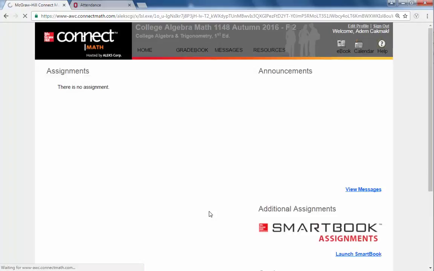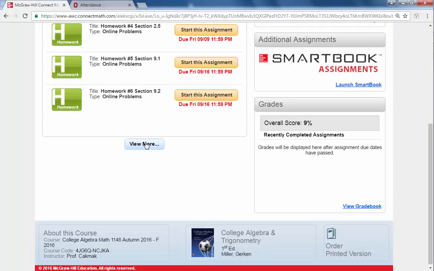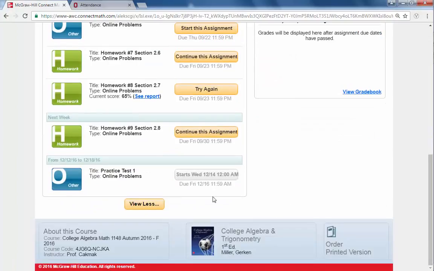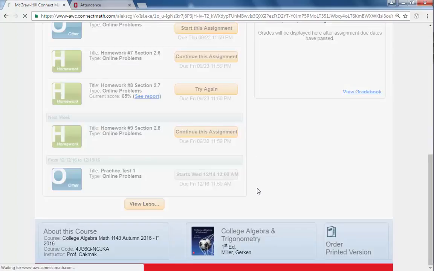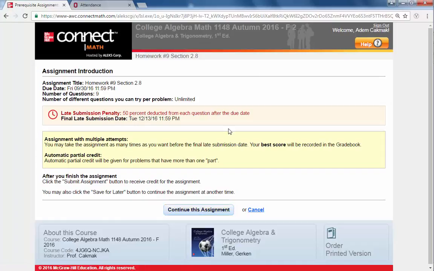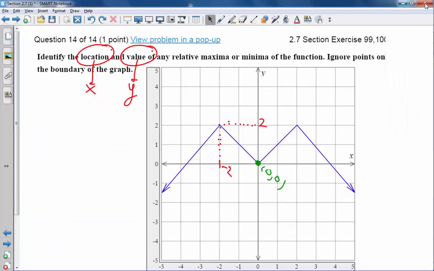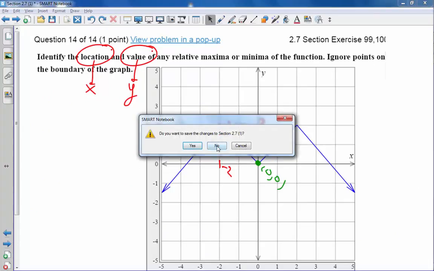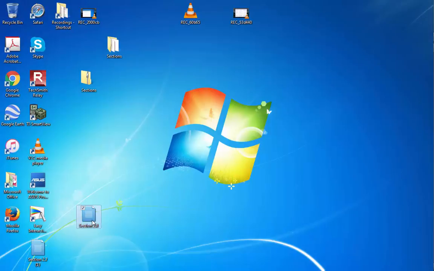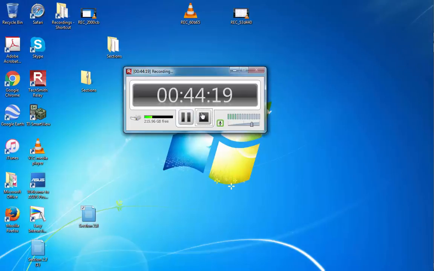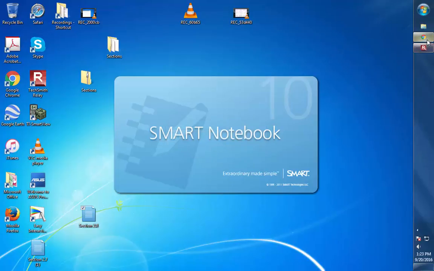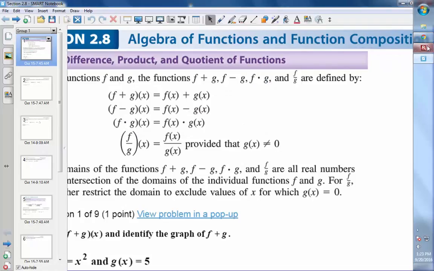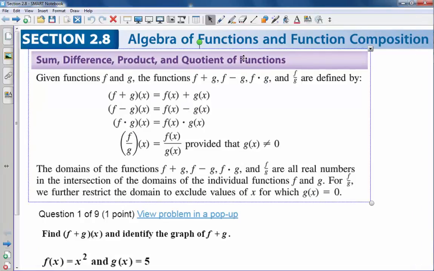In 2.8, we are going to perform 5 operations between functions. So, what are they? Addition, multiplication, subtraction, and division, the first 4, just like numbers.